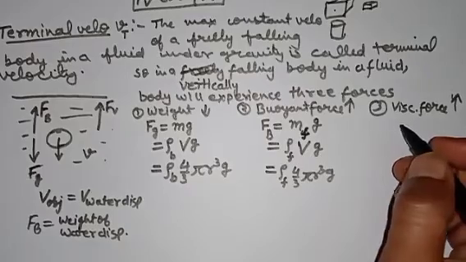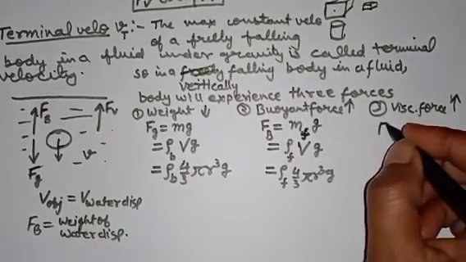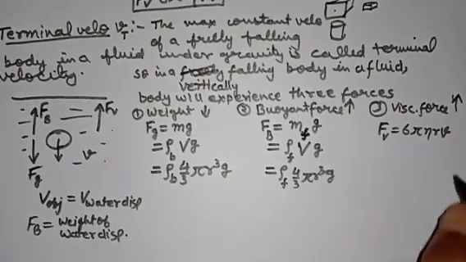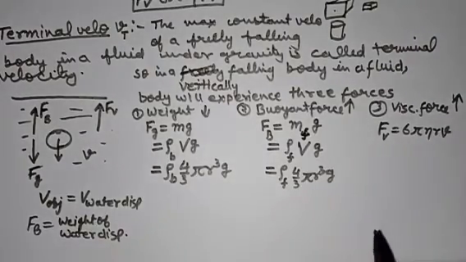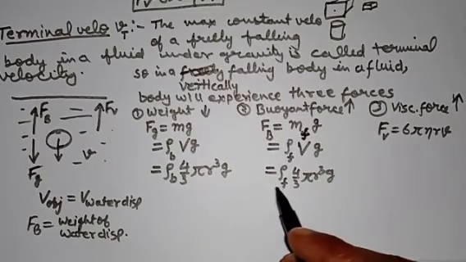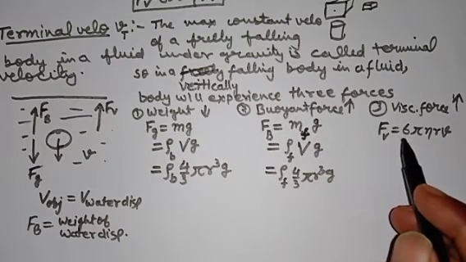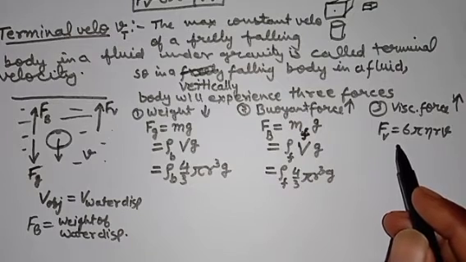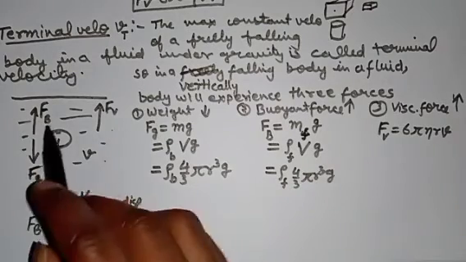And what about viscous force? It is 6 pi eta r v. Now see, this is a constant force, this is a constant force, but this force keeps on increasing. Until when? There are two forces in upward direction.